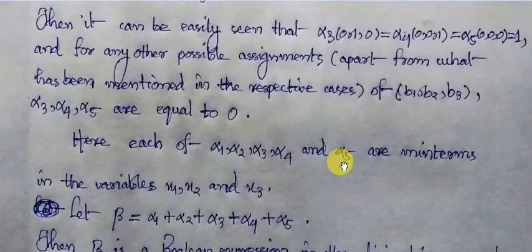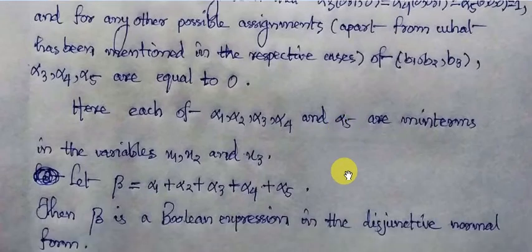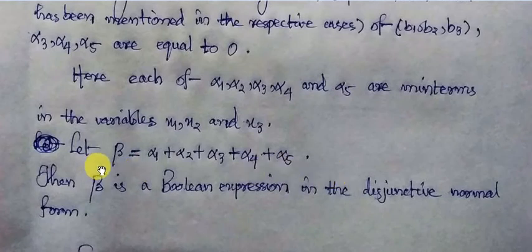Tilde means either x1 or x1 complement, x2 tilde means either x2 or x2 complement, and x3 tilde means either x3 or x3 complement.